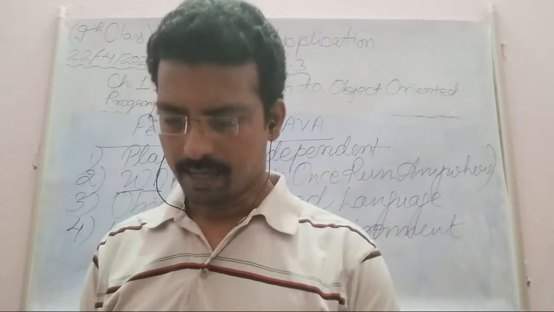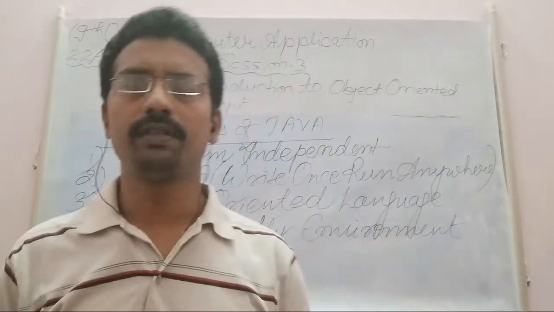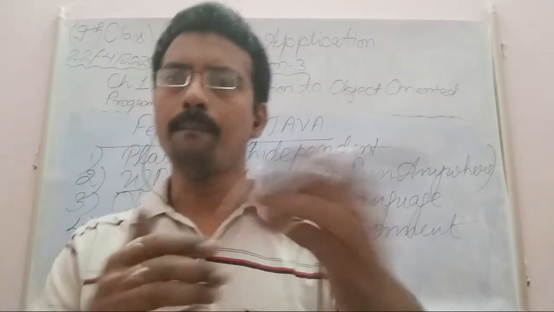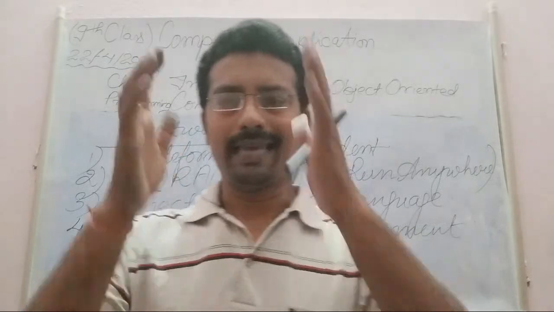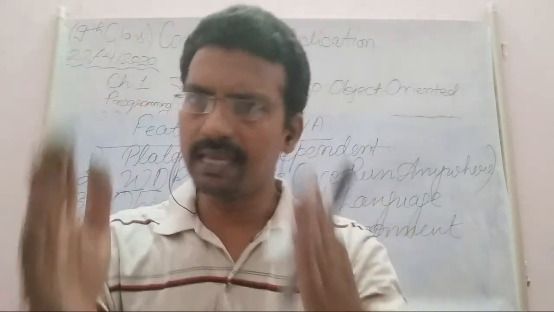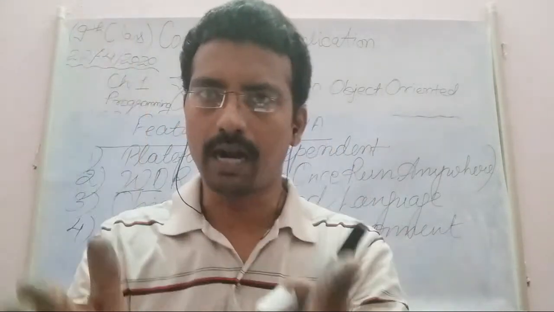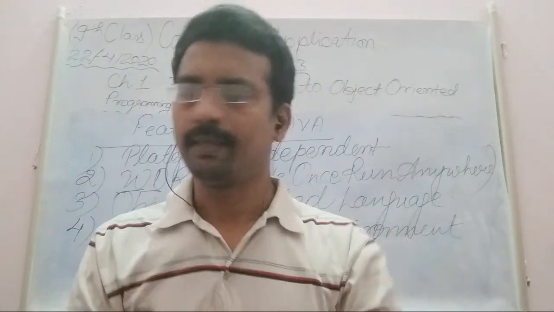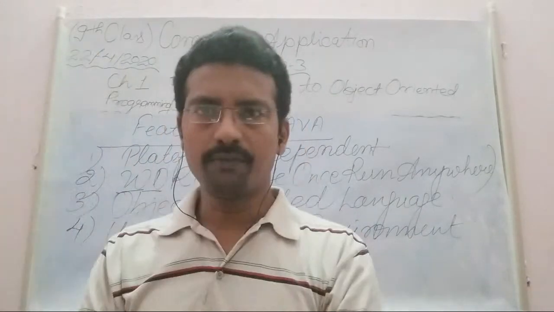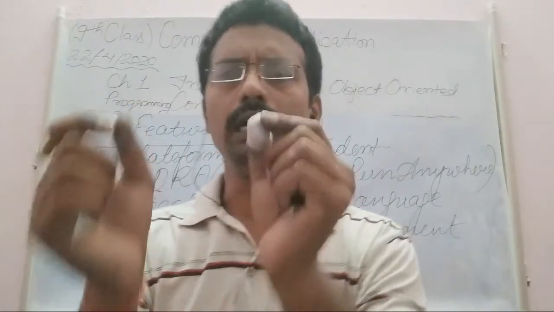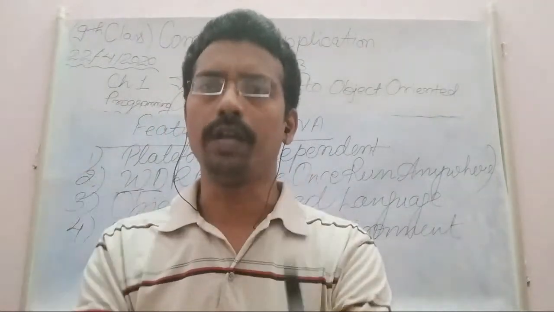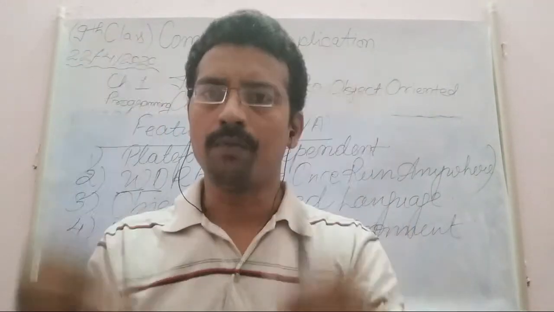Suppose one student who is studying in class 8 and one student who has done a BA can both sit in one Java class and very easily start working with Java. There is no age limitation on the user of Java. The younger one as well as the elder one can easily understand the Java coding with a little effort. This is another feature of Java.